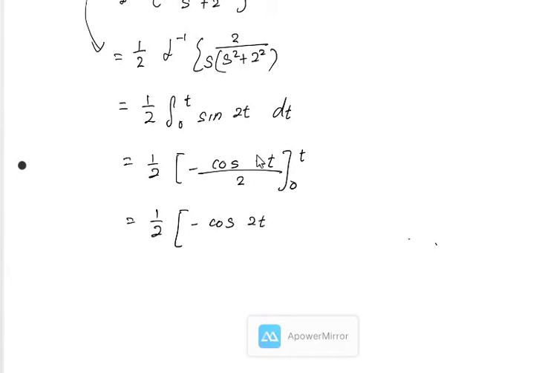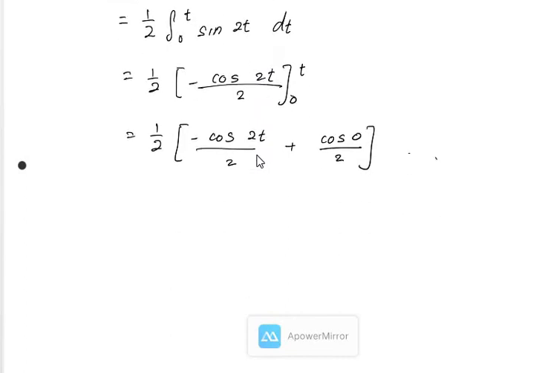So you get minus cos 2t divided by 2, plus, because minus with minus is plus, cos 0 divided by 2. This one is minus cos 2t divided by 2, plus, since cos 0 is 1, you get 1 over 2.